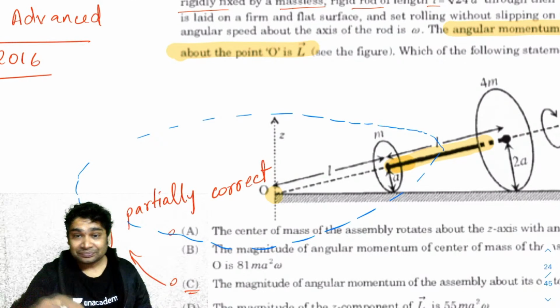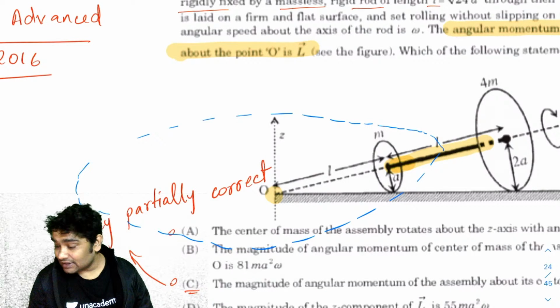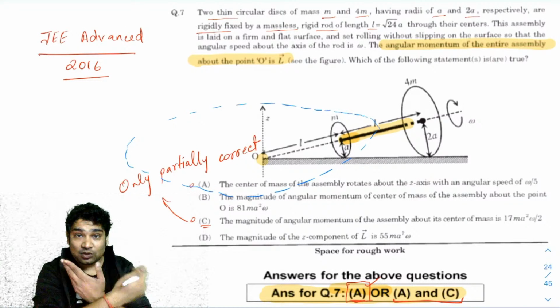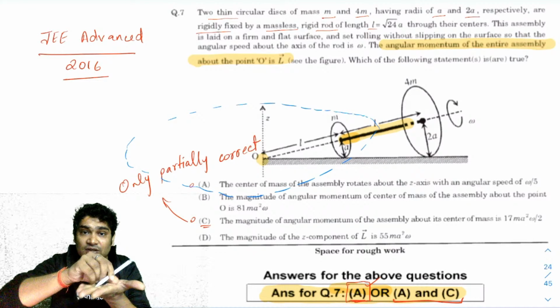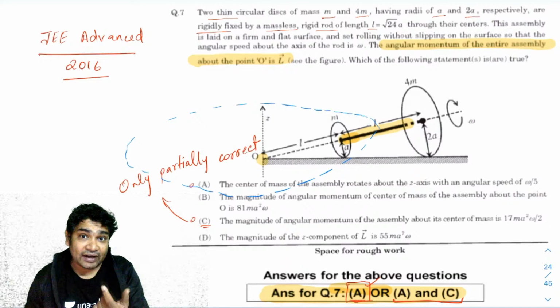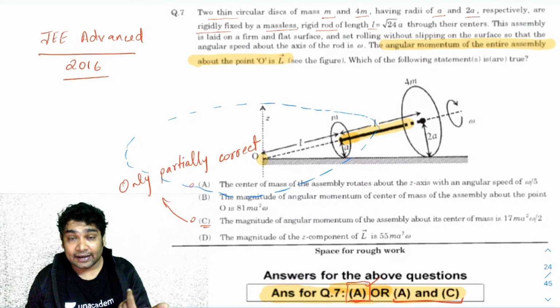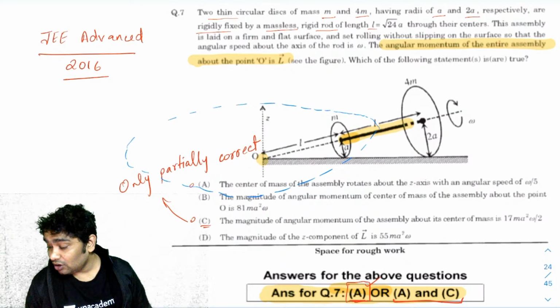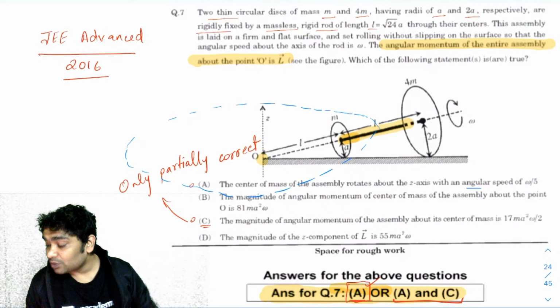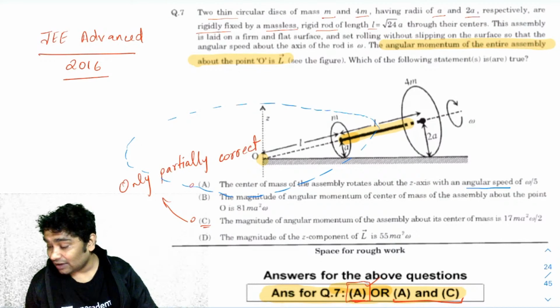When the CM completes one round, the entire assembly has rotated like this, correct? So if I can find the time in which the entire assembly rotates, then I can find the frequency, or the angular speed, at which the CM is rotating. Okay, so let's see how I can calculate that.